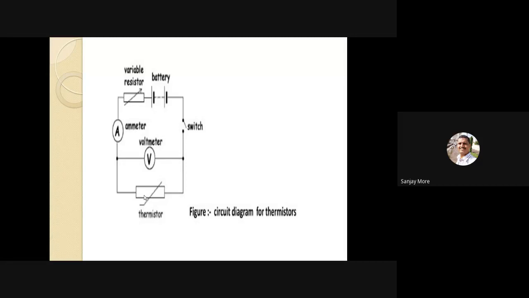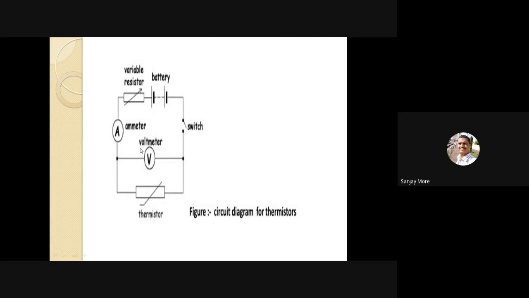See, this is the circuit diagram of the thermistor. Here the voltmeter, ammeter, and different types of thermistors are used to measure and sense the temperature. This circuit diagram shows what happens when you apply input with the help of the battery. The battery supply is connected to the variable resistance, and this variable resistor is heated, and this heated resistance is connected to the ammeter, and the ammeter is connected to the voltmeter.